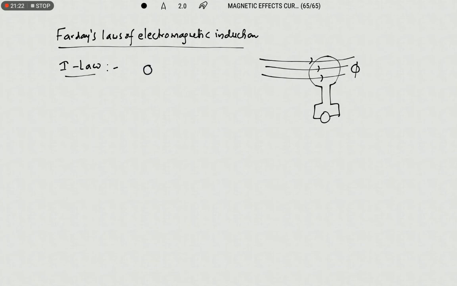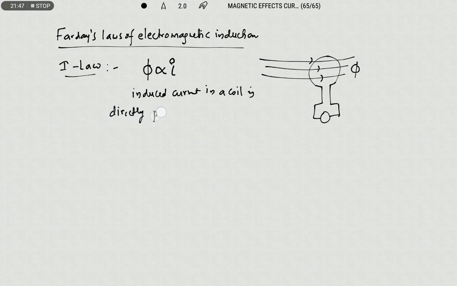The induced current in a coil is directly proportional to the flux linked with the coil.